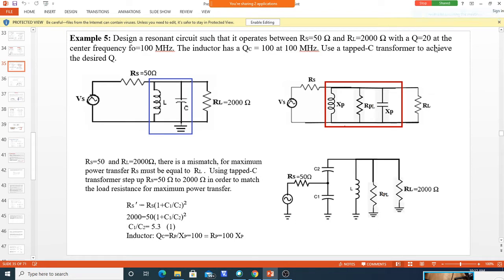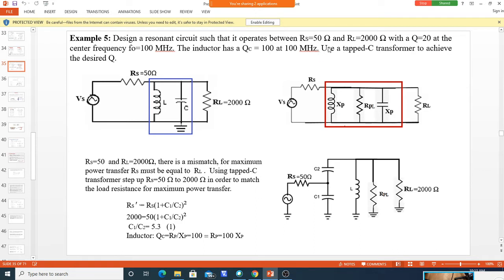The quality factor is lesser if you use a 50 ohm RS and a 2K load. That's why we have to use a tapped C transformer to achieve a circuit Q equal to 20.